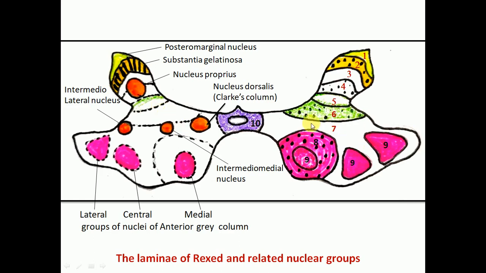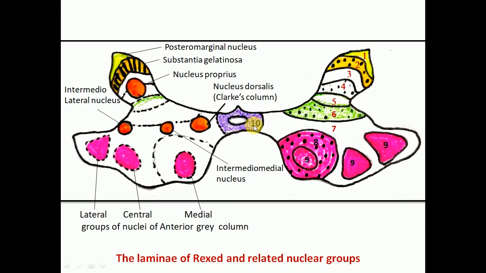Then Roman numeral 7 is related with the nucleus dorsalis, intermediomedial and intermediolateral nucleus. Then numbers 8 and 9 are related with the medial, central and lateral groups of nuclei of the anterior gray column. And lastly, number 10 is present around the central canal of the spinal cord.